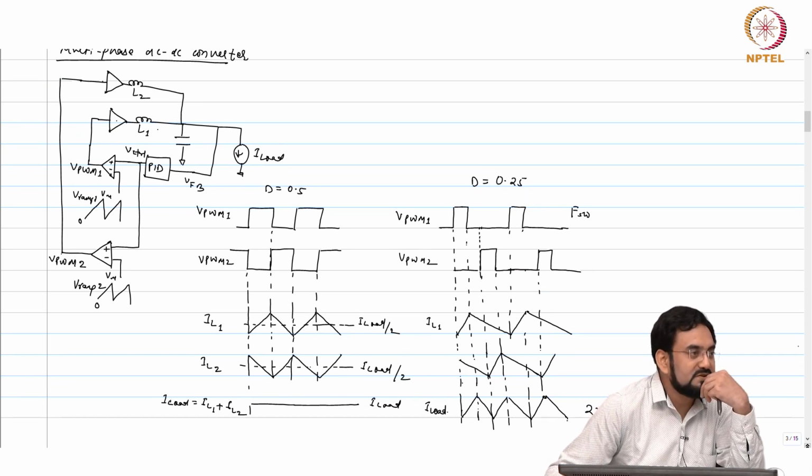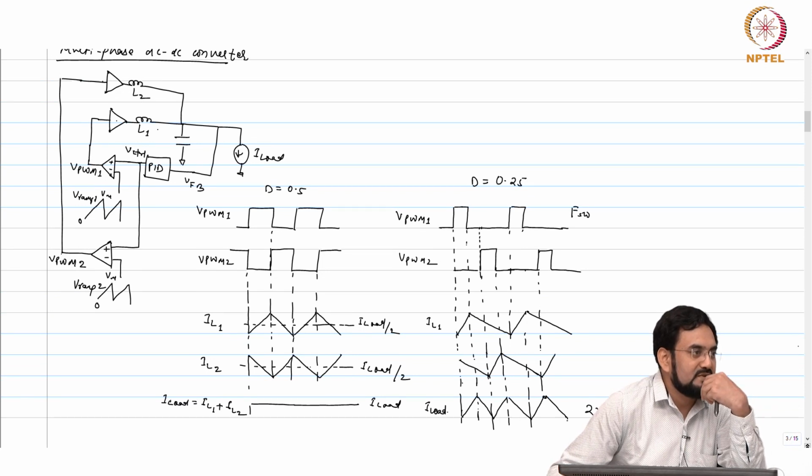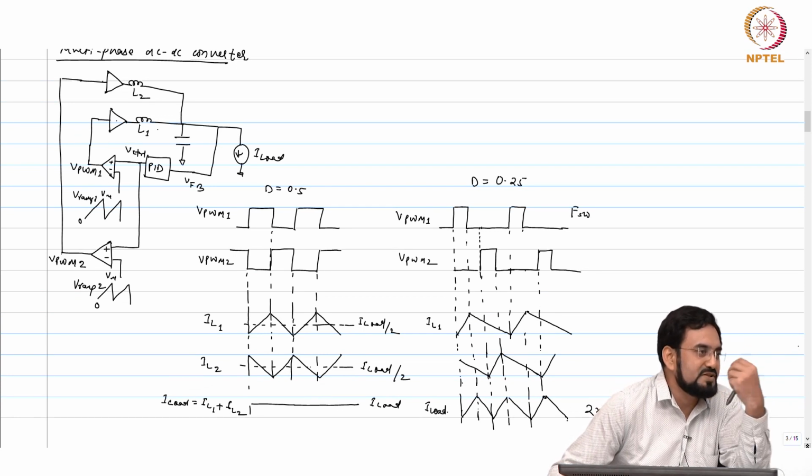Capacitor you can reduce, because now the ripple frequency is 2x. So for the same ripple, you may require half of the cap for 2 phase, or if it is a 4 phase, 1/4 cap. But inductor you cannot do anything. Inductor is carrying the same frequency ripple, same amplitude. The only difference is carrying lesser current.